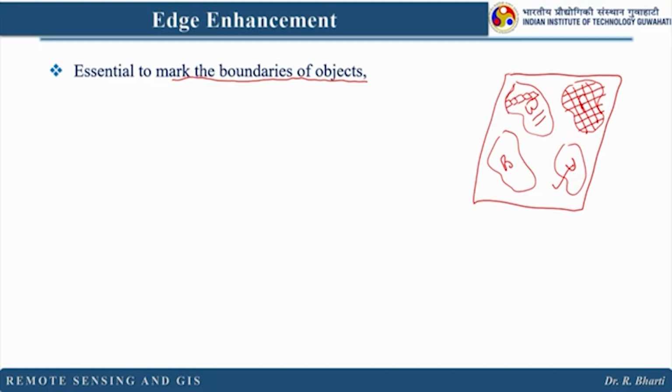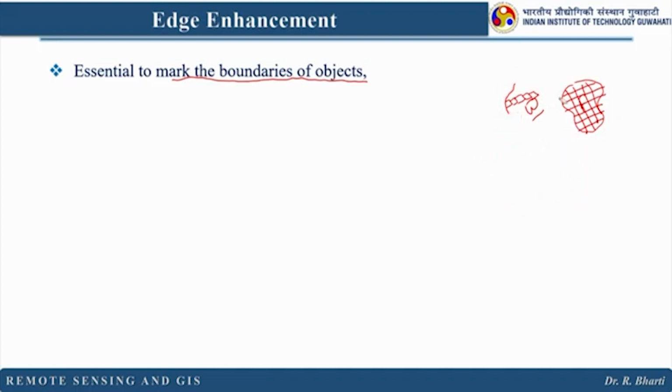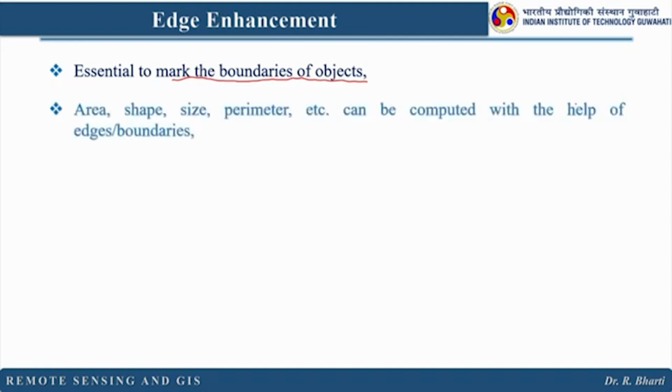So we have to be very careful, or use very sensible logic, to enhance all these edges, and that helps to identify or compute the area, right? Next, area, shape, size, perimeter, etc. can be computed with the help of edges or boundaries, right?